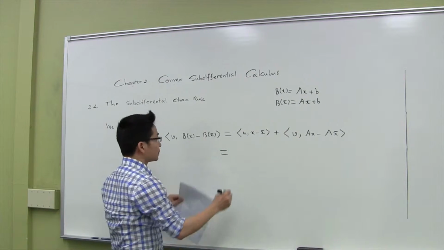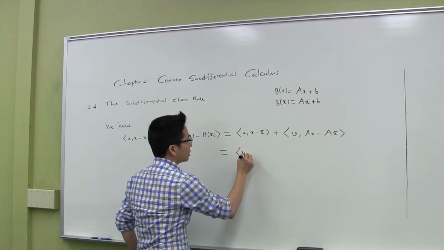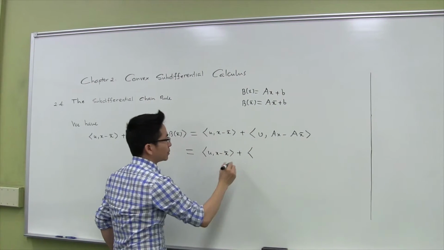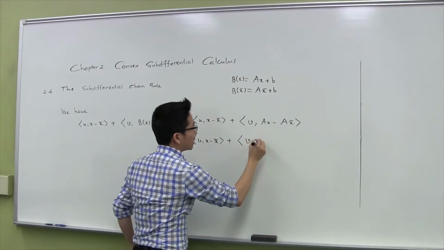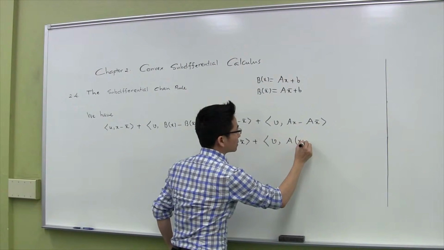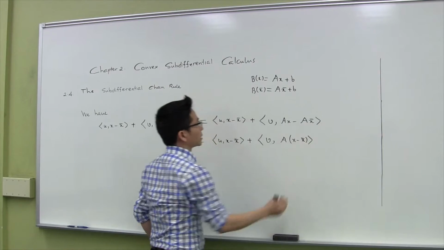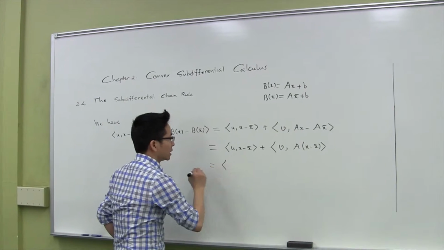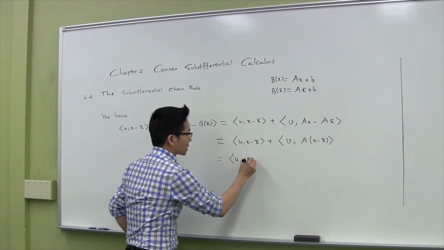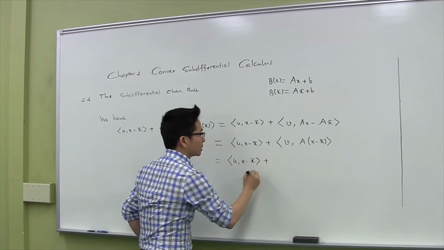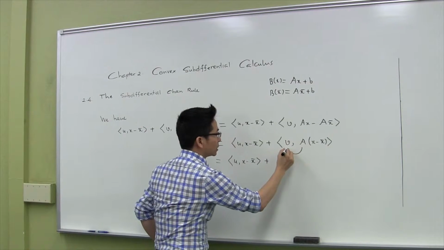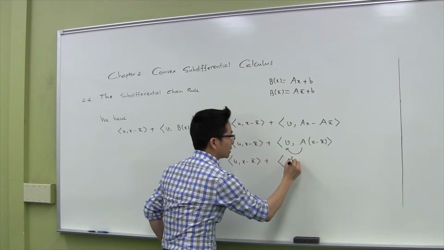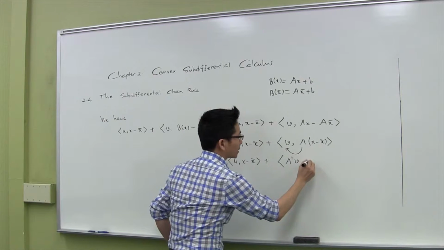Now we continue the calculation as follows. This is equal to the inner product of u and x minus x bar plus the inner product of v and A times x minus x bar. This can be written as the inner product of u and x minus x bar plus the inner product of the transpose of A times v and x minus x bar.